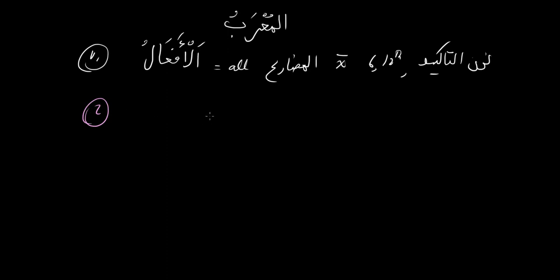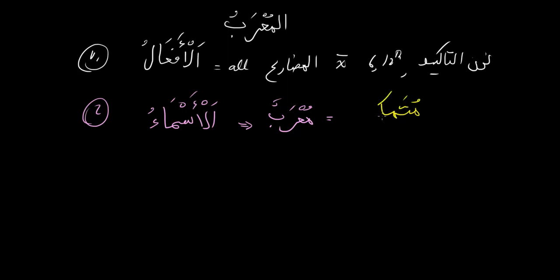And among the nouns, al-asma'u, those that are mu'rab, those that are among the nouns, they're given the name mutamakkin. This is a new word, and this only is for nouns.